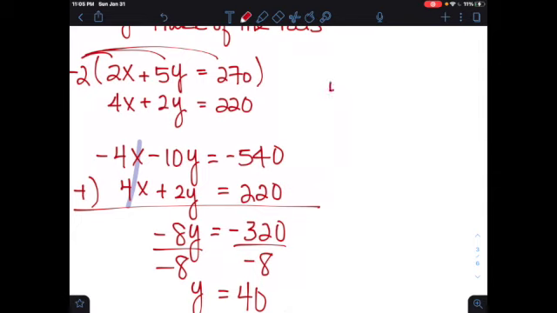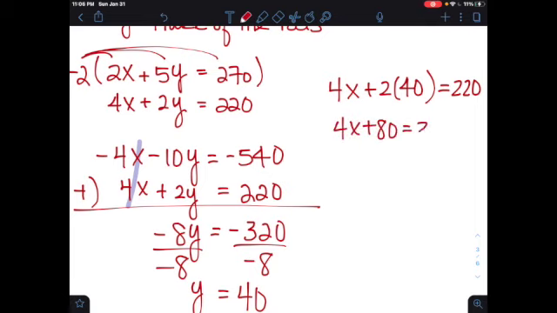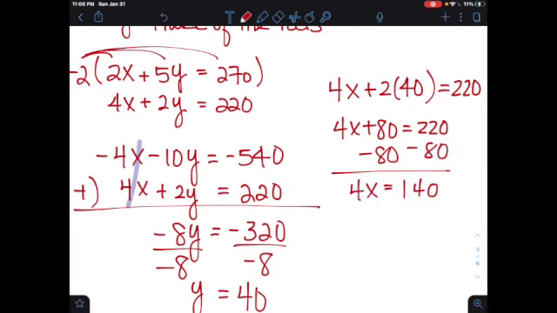So 4 times x plus 2 times 40 equals 220. Then that's 4x plus 80 equals 220. Subtract 80 on both sides, you have 4x equals 140. Divide by 4 on both sides. x equals 35.